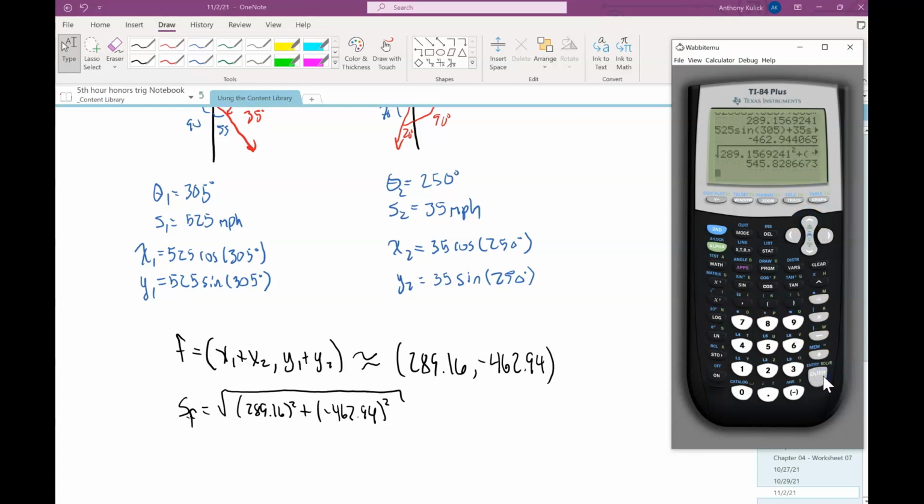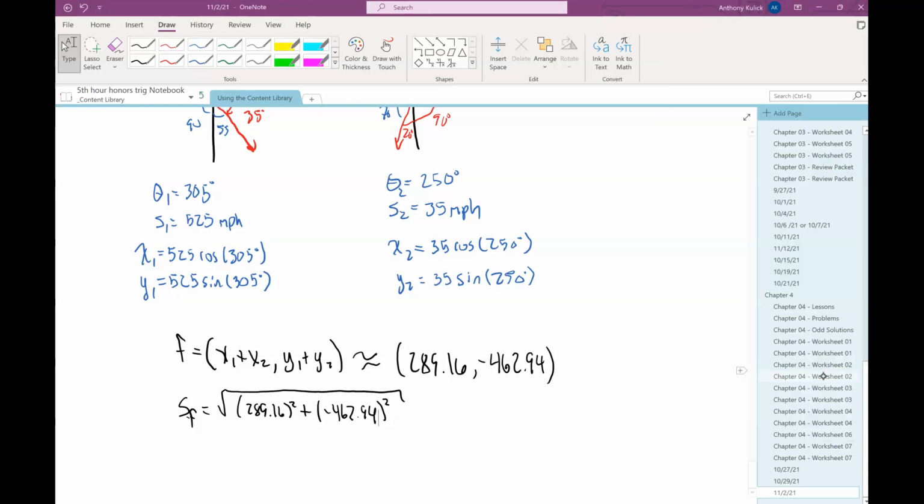So that comes out to be 545.8. So we did end up picking up a little bit of speed, which I guess makes sense because most of the direction is vertical, where they're both mostly pointing down. Everybody's okay so far?